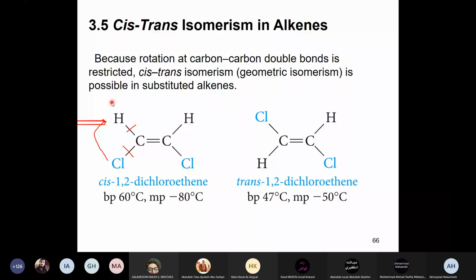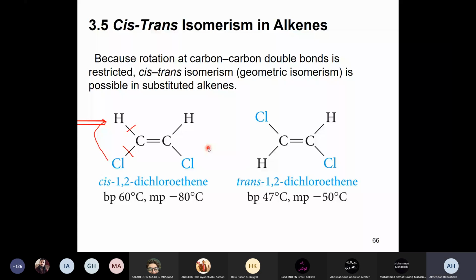At that point, the cis became trans and the trans became cis. By bond breaking, exchanging orientation, up, down, down, up, forming new bonds.